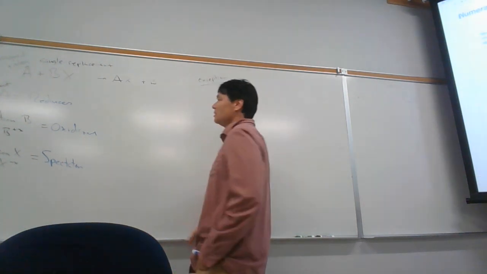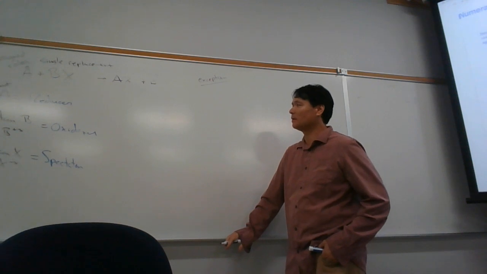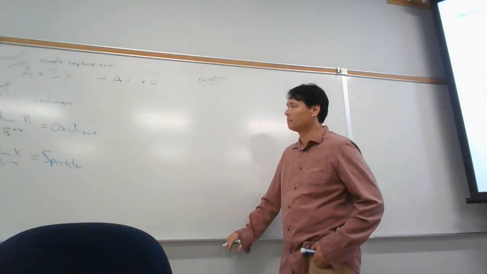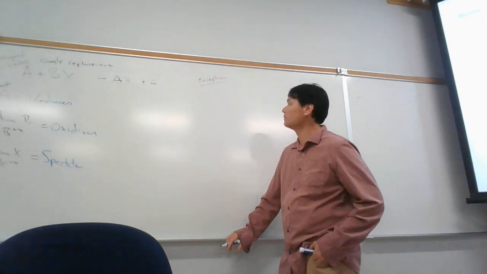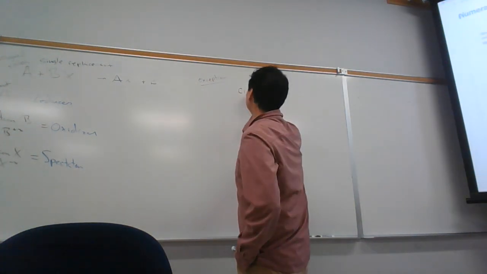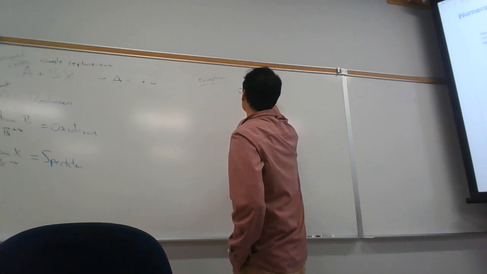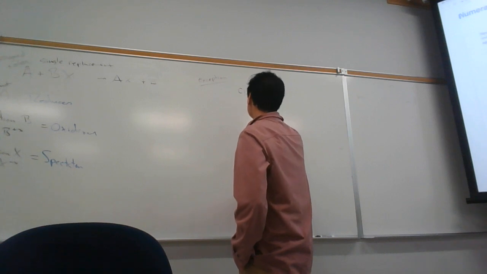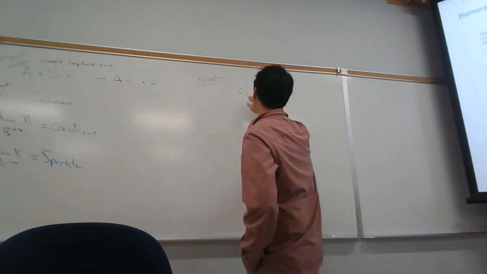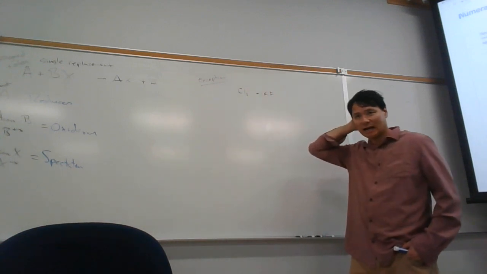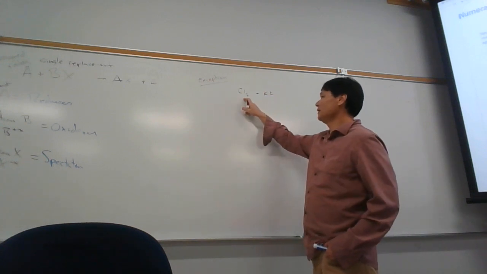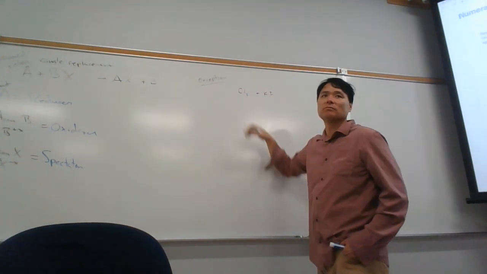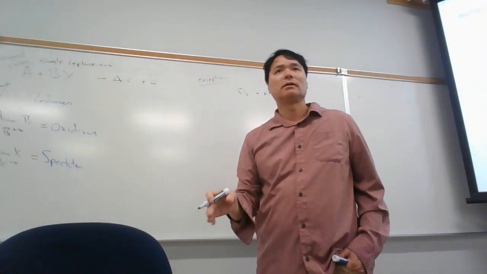The first exception is when chlorine plus potassium iodide, and so A is chlorine, and A should be a reducer. Right off, that throws a flag up.